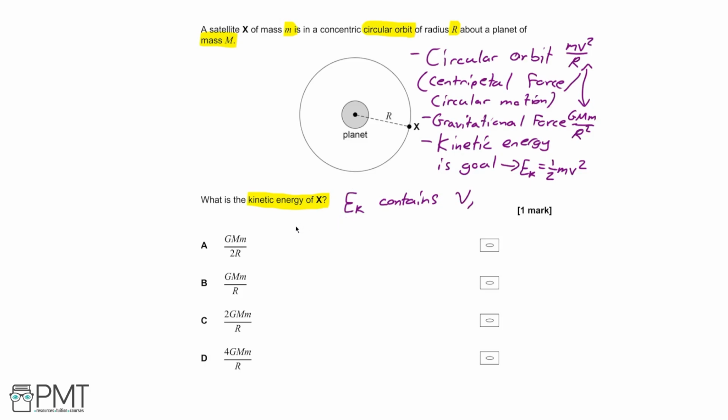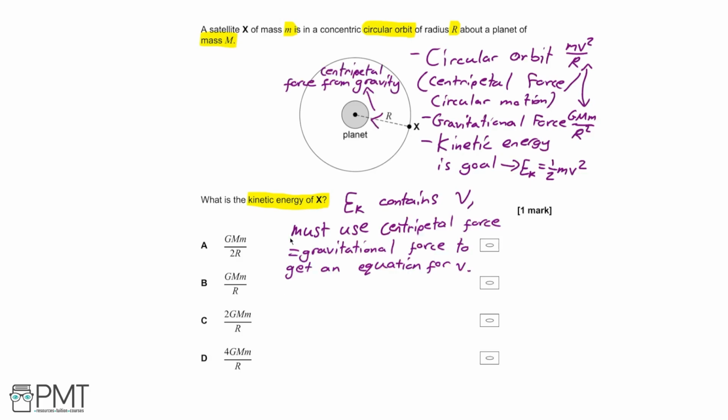To do that, we use the fact that we're in a circular orbit, which gives us the centripetal force equation, and that must be equal to the gravitational force. The gravitational force is what provides the centripetal force in this case, which allows the satellite to continue moving in a circle.